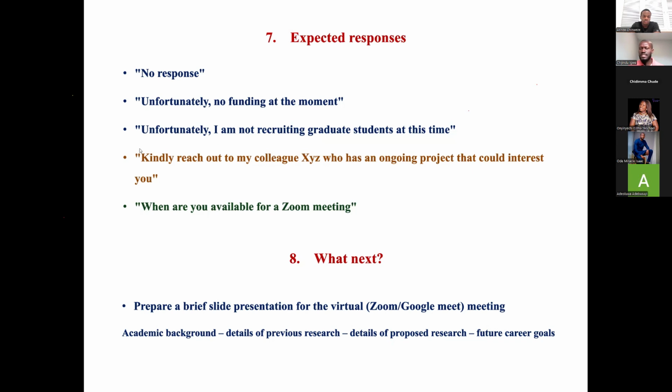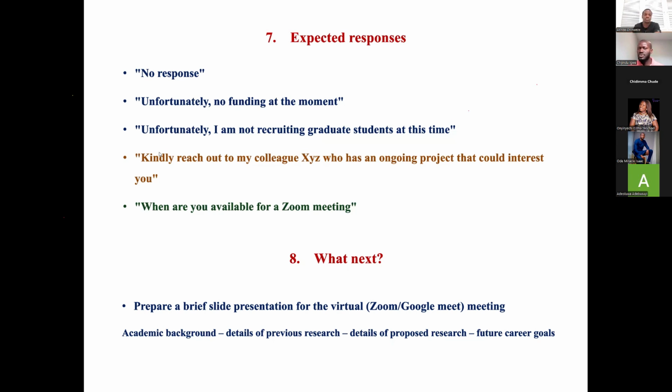Then I highlighted this one, and just like I talked about earlier, they can redirect you to a colleague of theirs. This only happens when they've seen that you are an excellent candidate, right? So that's why it's very important for you to package your emails very well.